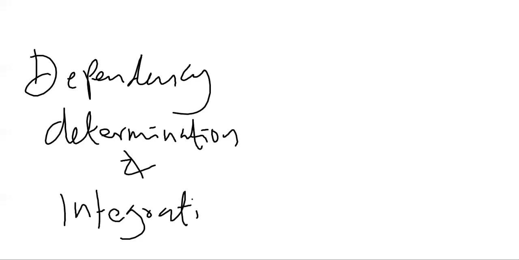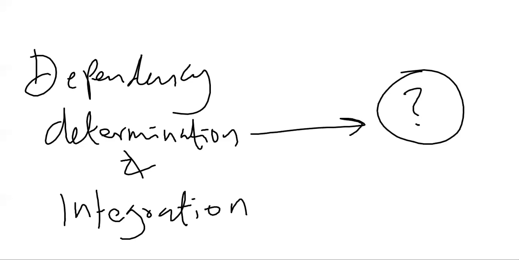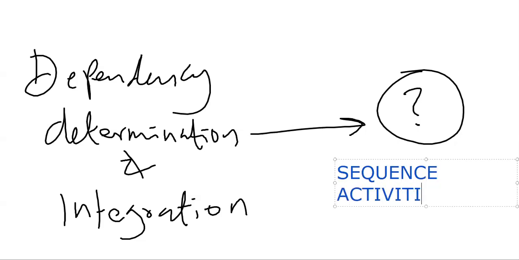This is used in one place and one place only. Do you remember where this is used? Dependency determination and integration. 5, 4, 3, 2, 1. This is used in none other than the sequence activities process.